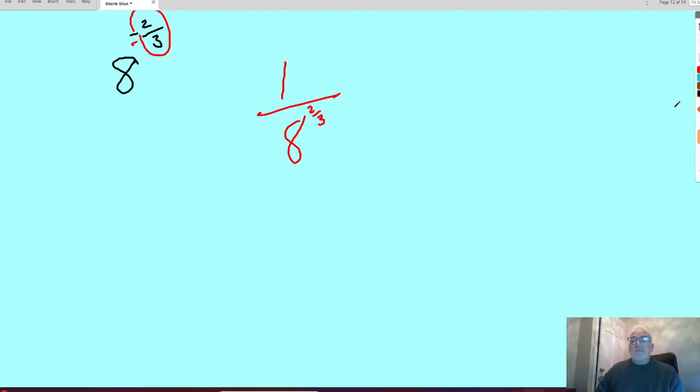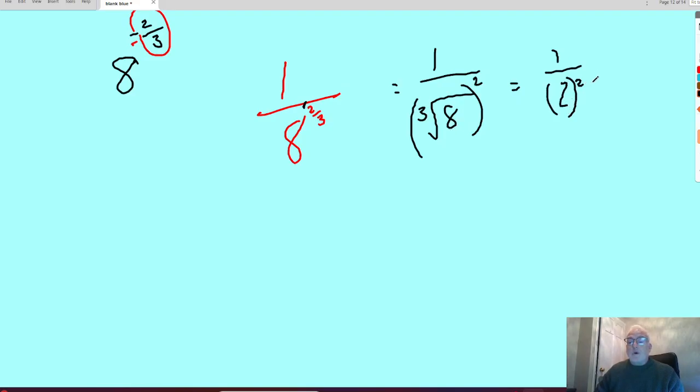Now remember, if we've got 3 on the denominator, that means that we actually cube root the base number. And the numerator means we're then going to raise it to that top power. So the cube root of 8 is 2, so I can say 1 over 2 squared. 2 times 2 gives me 4, so 1 over 4.